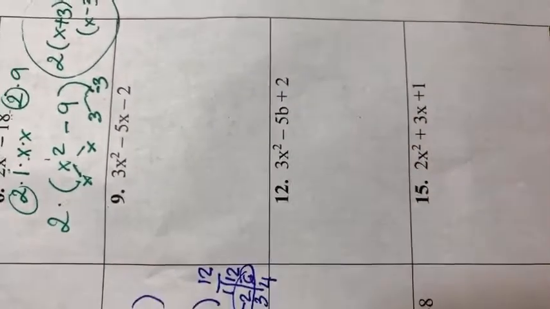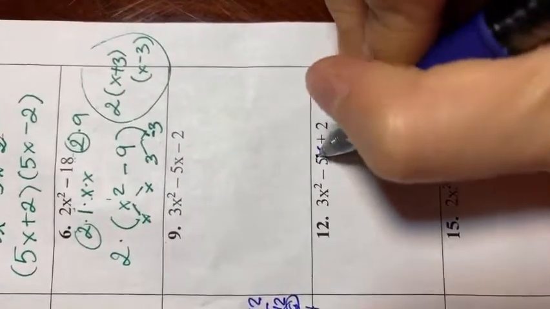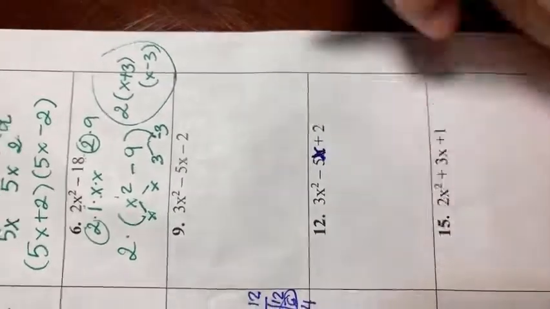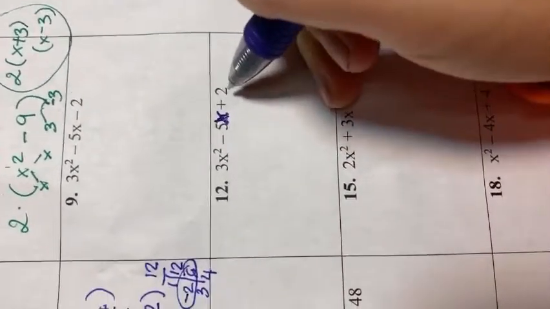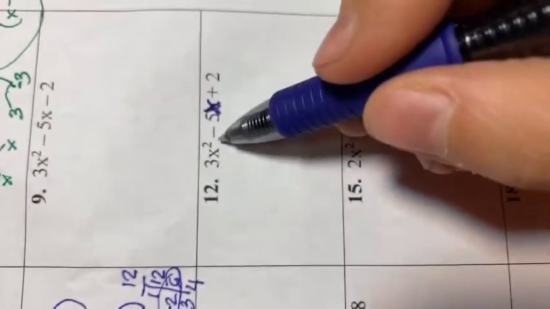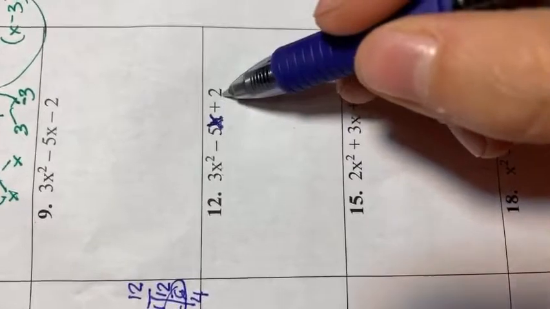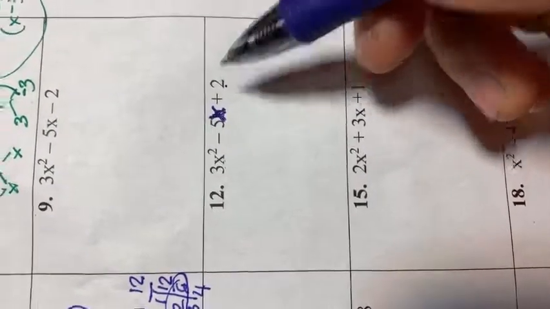All right, next we have number 9 and number 12. They look the same, but they're not, okay? On number 12, we're going to fix them into x right here. So we have 3x squared minus 5x plus 2. So what we do with this problem is we look first, there's nothing repeated in 5, 2, and 3, because you cannot divide evenly by a number.